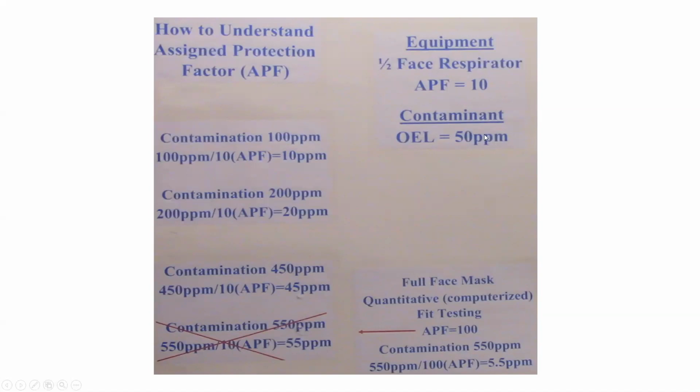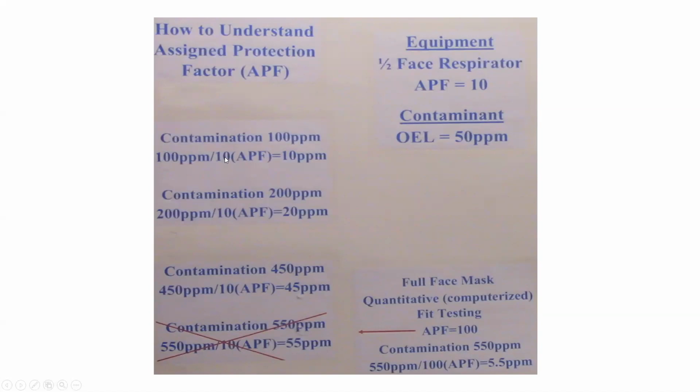Occupational exposure limits for different contaminants can be found in the Alberta Occupational Health and Safety Code, in the table in Schedule 1. So we have a half phase respirator, assigned protection factor 10, and a contaminant with an occupational exposure limit of 50. We are working in an area where contamination is 100 particles per million.